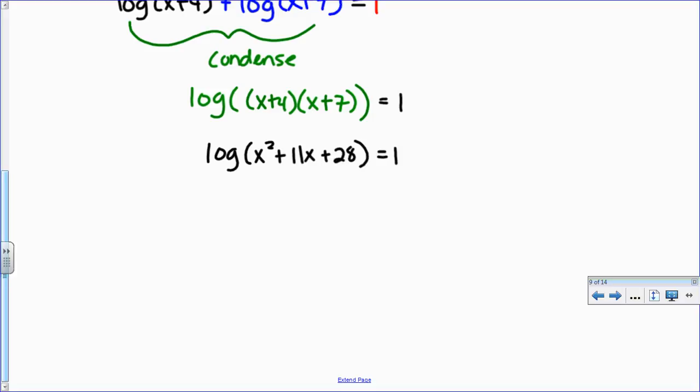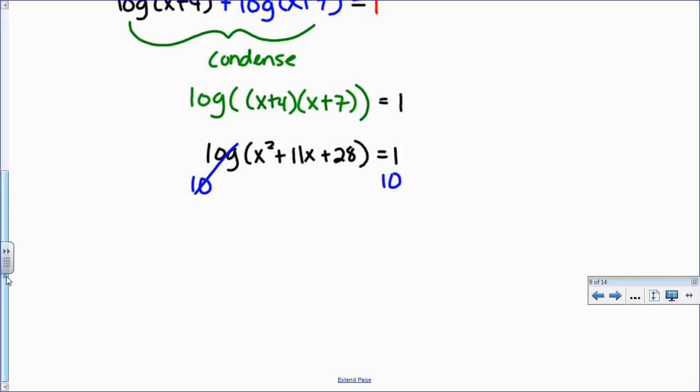Okay. Now, I don't have logs on both sides to cancel. So to get rid of a log, you do the inverse. So exponentiate both sides using base 10. Okay. So that cancels that log there.